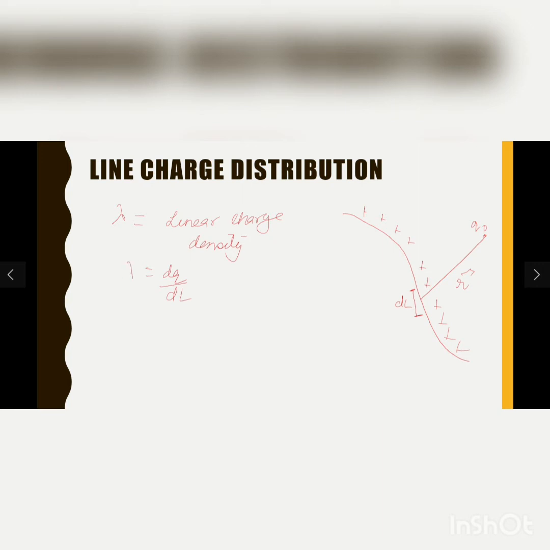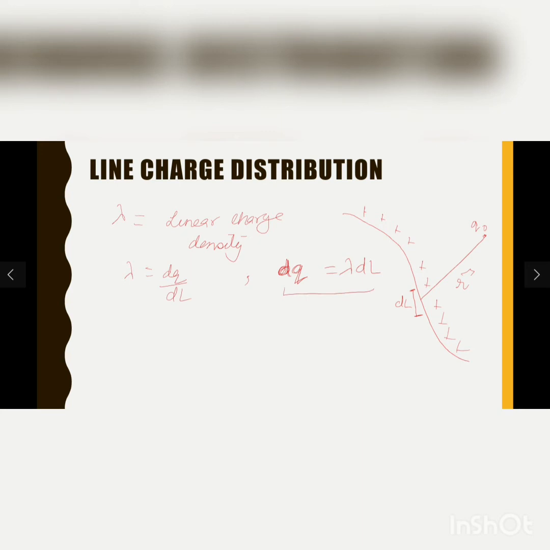So lambda is dq by dl. This gives me basically the net charge in this particular small element dl. It would be dq equals lambda times dl.